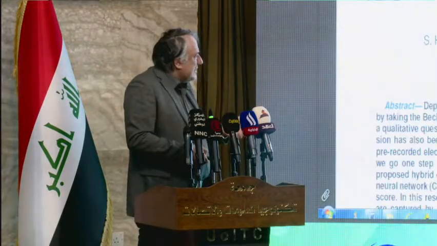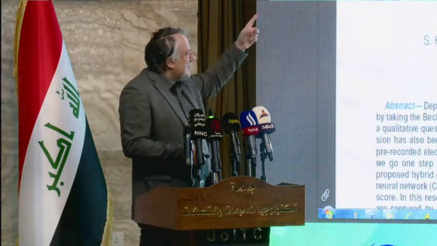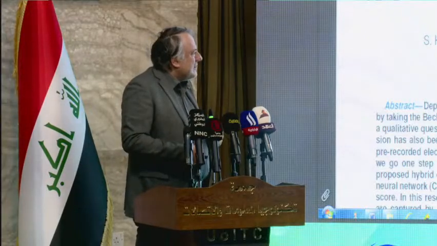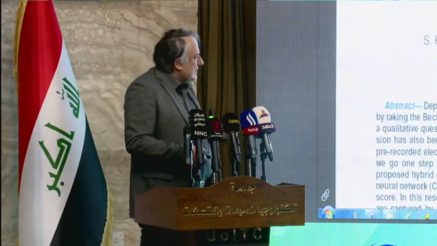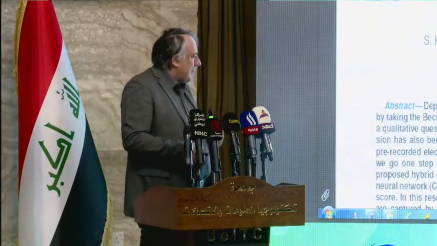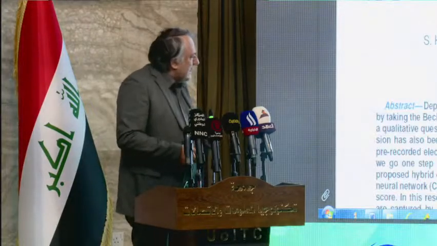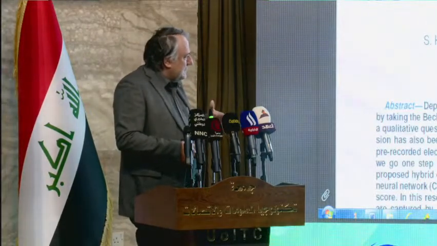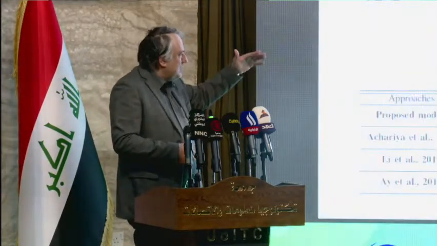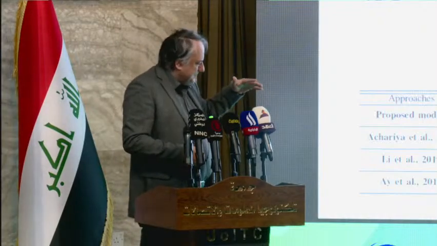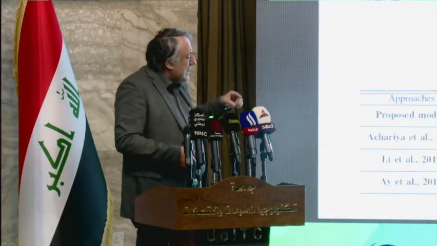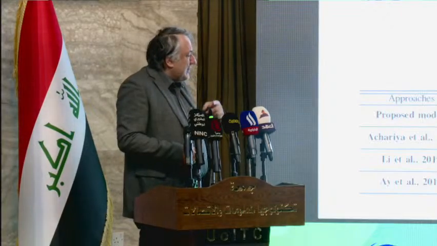But with the help of artificial intelligence, which we published in 2021 in a very valid journal, we classified these two groups, and we also estimated the Beck score with very high accuracy.